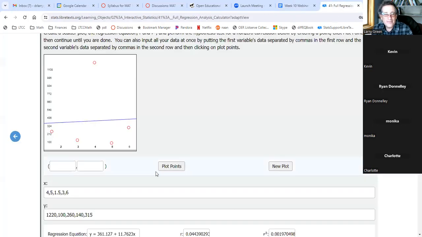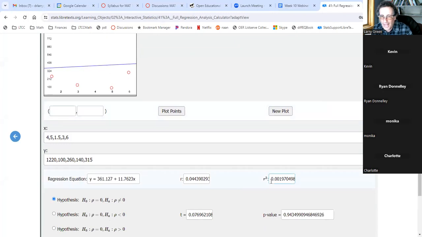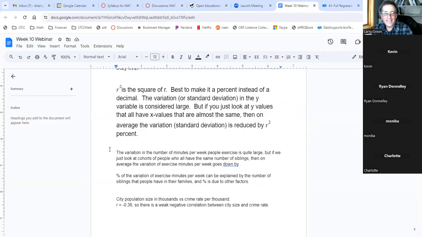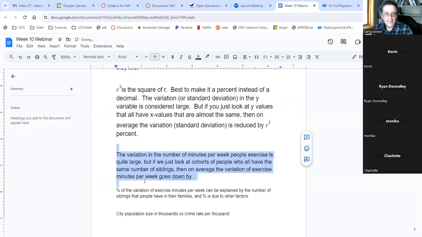All right, so R squared was really small, actually. 0.002, I guess, rounded to 3 decimal places. So that's 0.2%. So we can say the variation in the number of minutes per week people exercise is quite large. Okay, and it was. I mean, I exercise a whole lot, and some of you not so much.